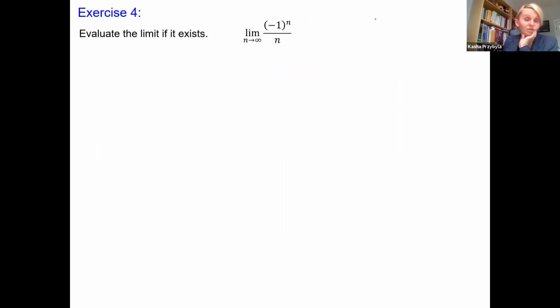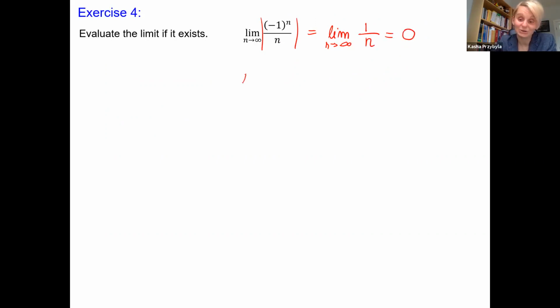Evaluate the limit if it exists: -1 to the n over n. What do you think? I see the alternating part. That means I will try to take the absolute value. That's the tool that I can take advantage of. Now this will become 1, n will stay n, and 1 over infinity is 0.